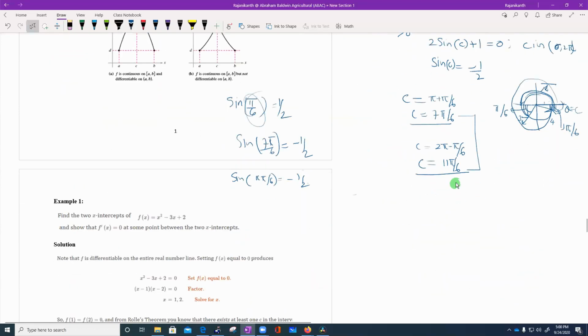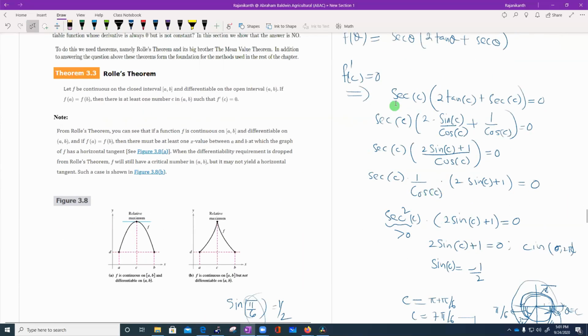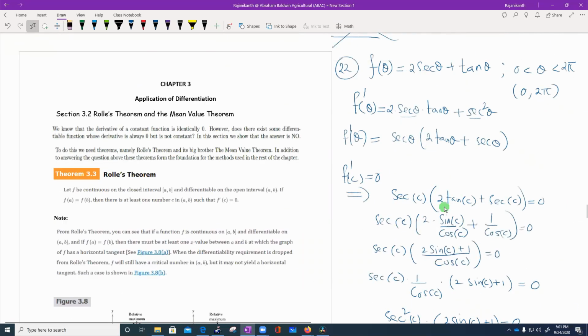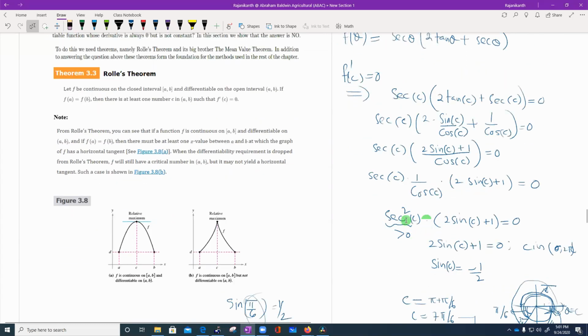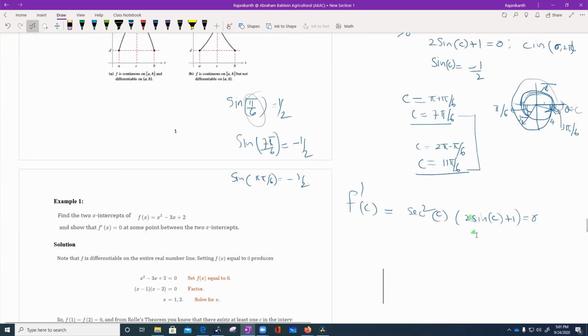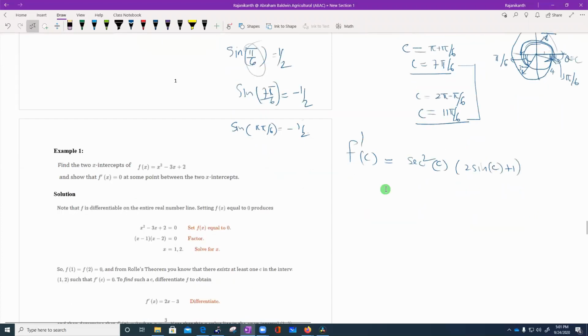So what was my f prime c? Let me rewrite one more time. My f prime c is, I simplified, right? This is my f prime, right? Oh, why am I putting 0? I'm writing the function, right? So this is my f prime c. What will happen if c is pi over 2? I'm asking you, are there any undefined points?